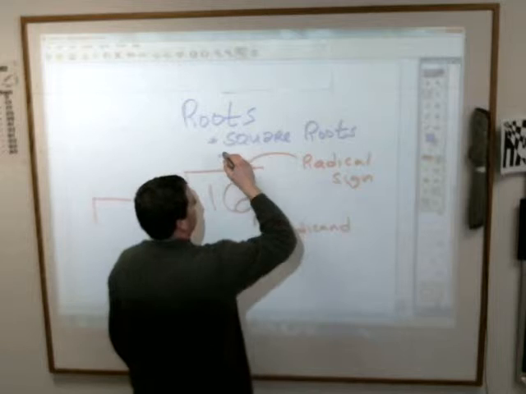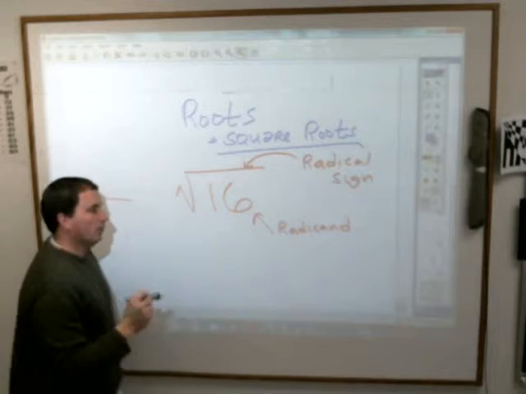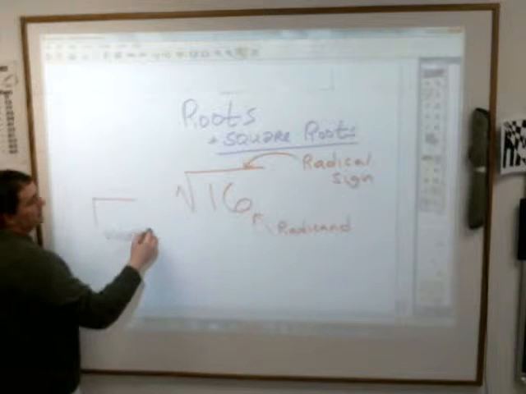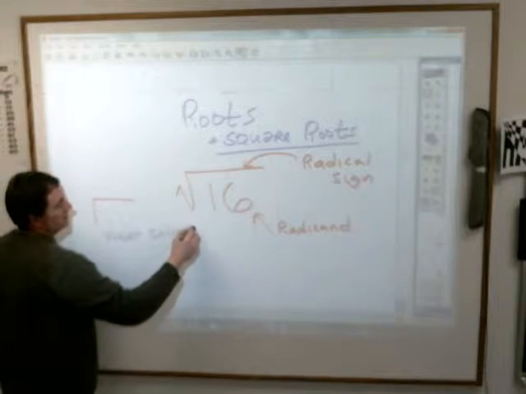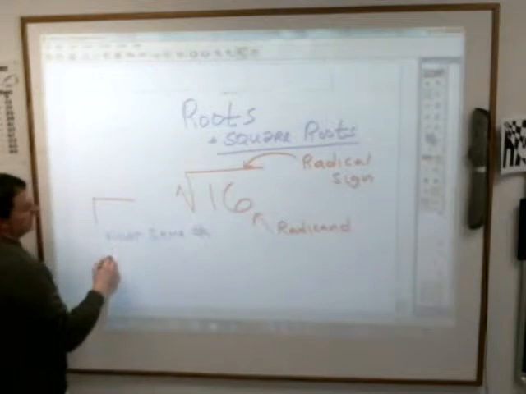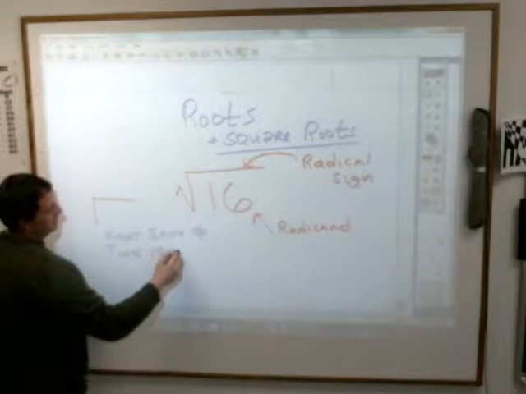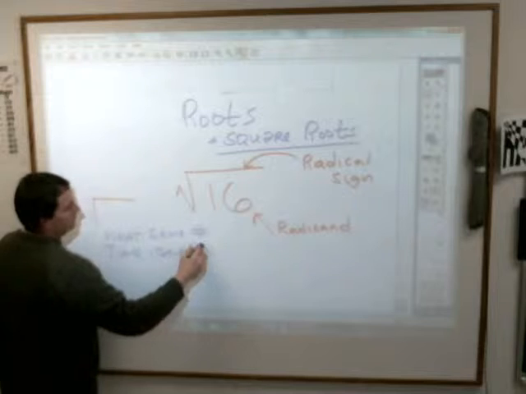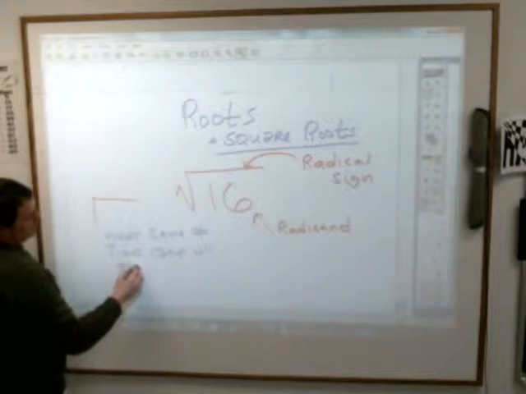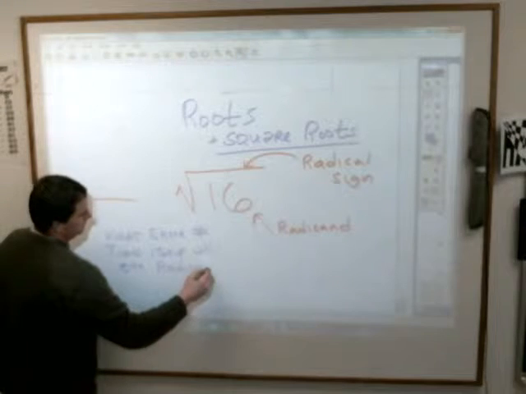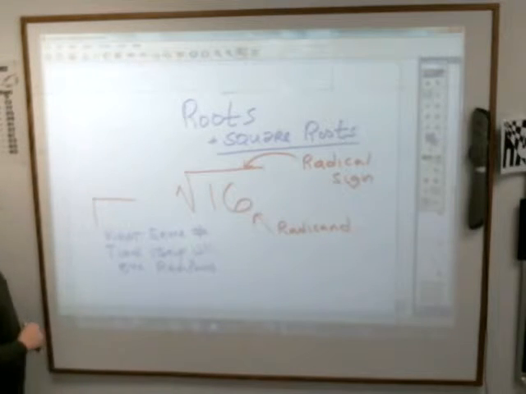When you're asked to find a square root, what you're asked to answer is this: what same number times itself will give you the radicand? In other words, this.